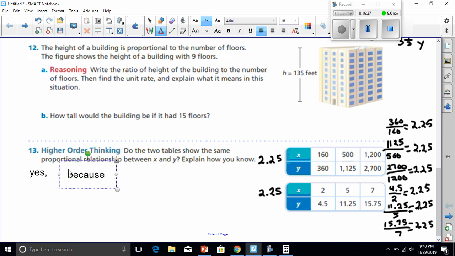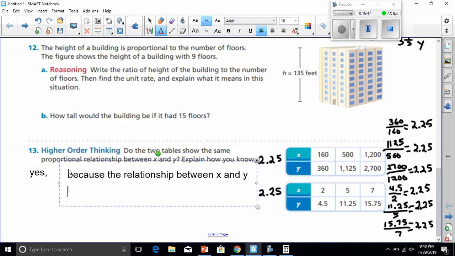Because the relationship between x and y are all equivalent to 2.5. Oh, 2.25, excuse me.